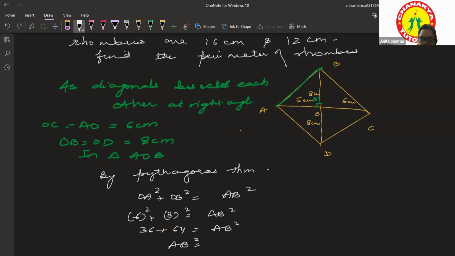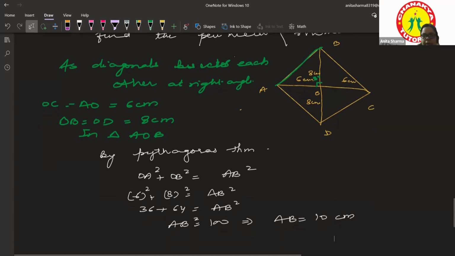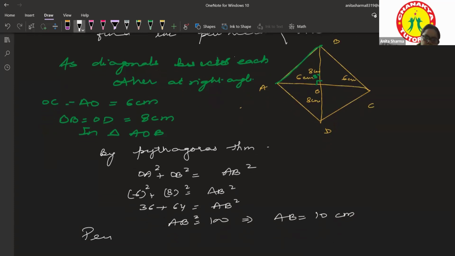So AB square is equal to 100, and this implies the value of AB side is 10 centimeter. So perimeter will be 4 into side, so 4 times AB, 4 into 10, it will be 40 centimeter. Got it, children? Okay, ma'am.